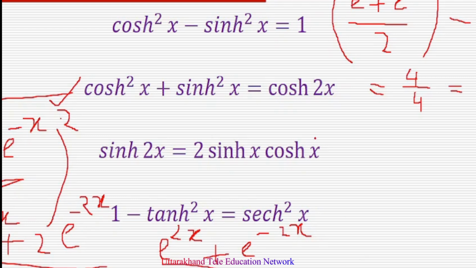This is nothing but hyperbolic cos 2x. So this is the second formula. Similarly, we can calculate the value of hyperbolic sine 2x and the last relation.